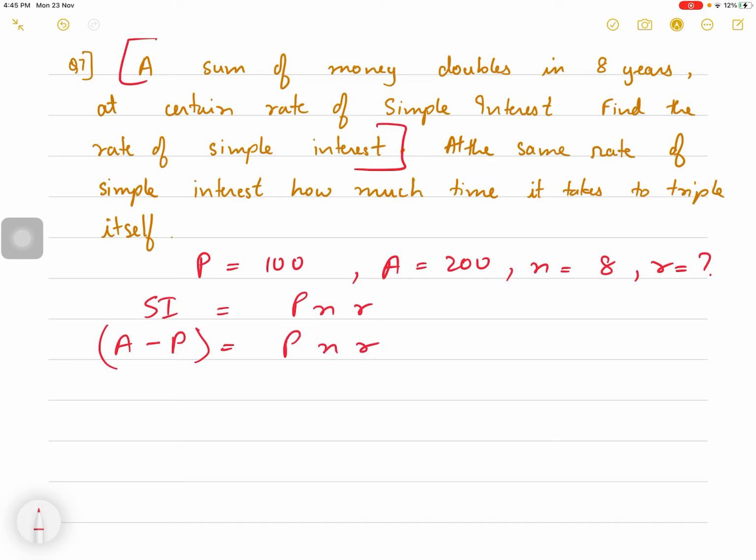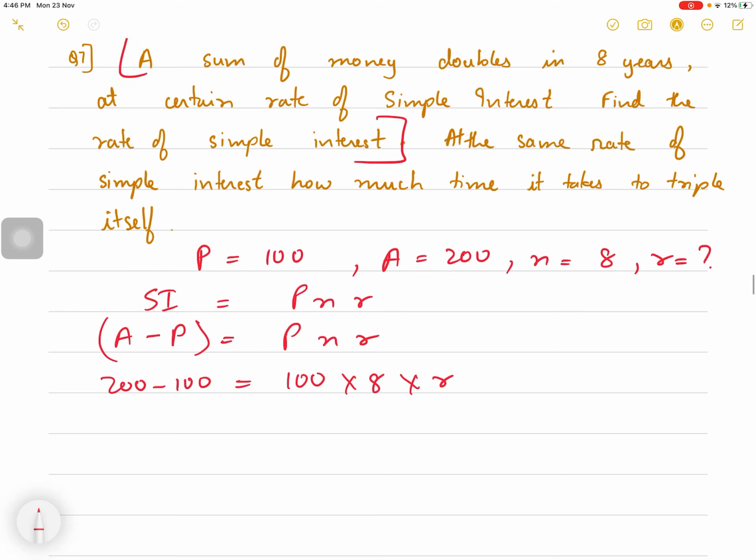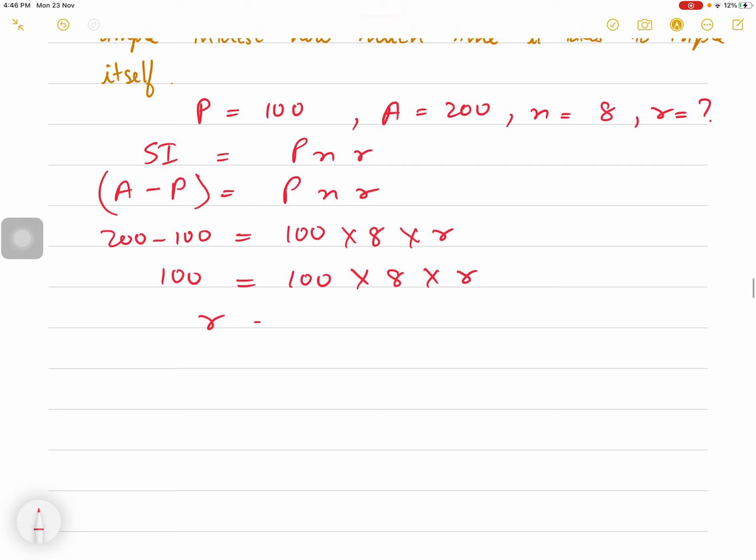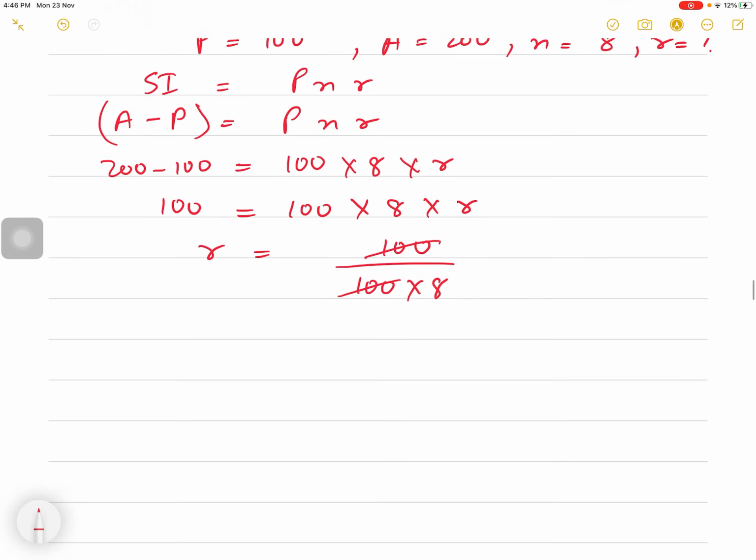And P into N into R, which is 200 minus 100. P is 100. N is 8. So 100 is equal to 100 into 8 into R. So R is equal to 100 divided by 100 into 8, which is R is equal to 1 by 8.